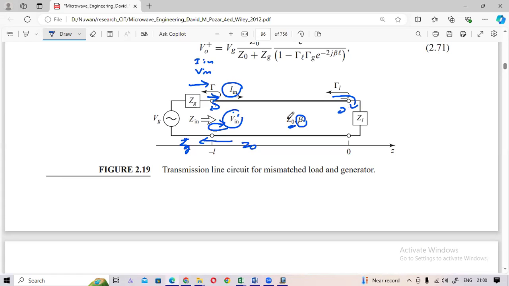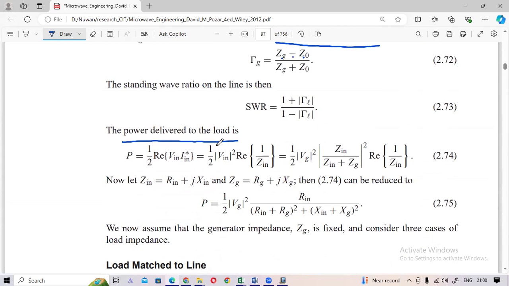So part of the feed-in signal will be delivered to the load. That power is calculated as half the real part of V in times I in conjugate.